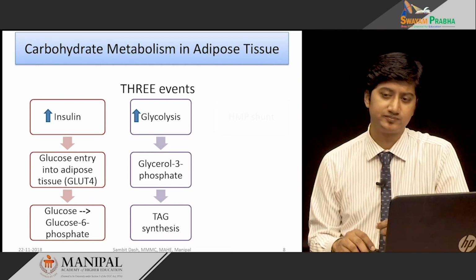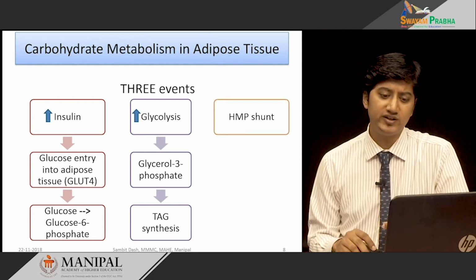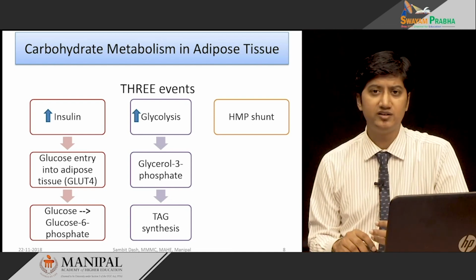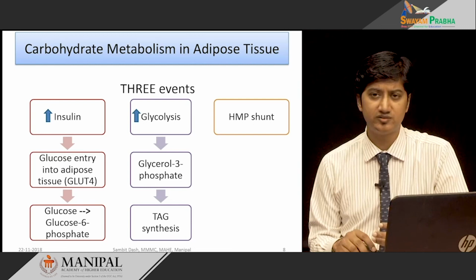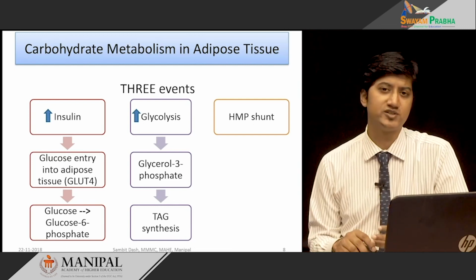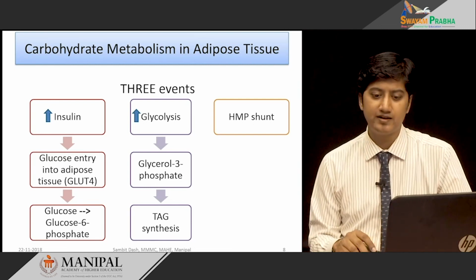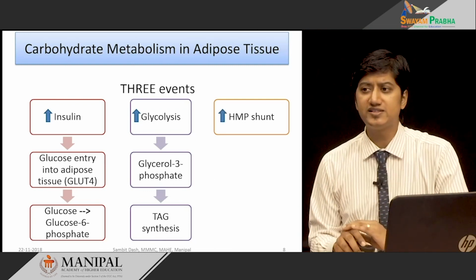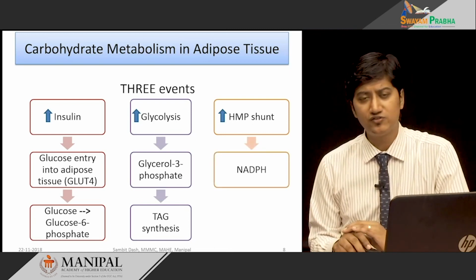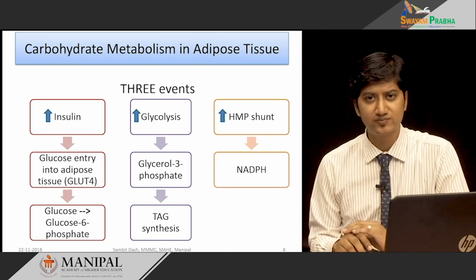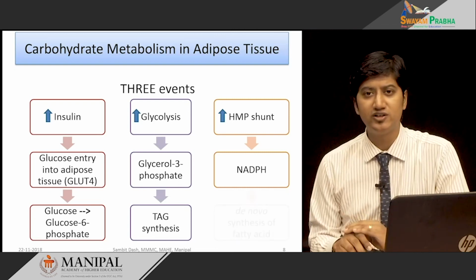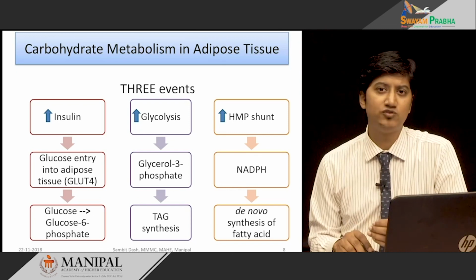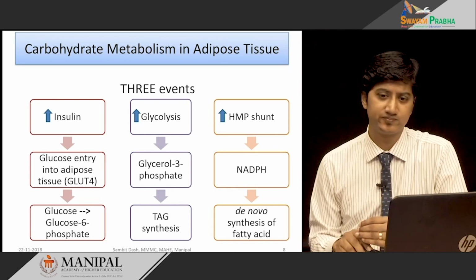The third event: because of the increased supply of glucose, there is an upregulation of the hexose monophosphate shunt pathway, which is also known as the pentose phosphate pathway, and an increase in this pathway increases the supply of the reducing equivalent NADPH, which is essential for synthesizing fatty acids by the process of de novo synthesis of fatty acids.